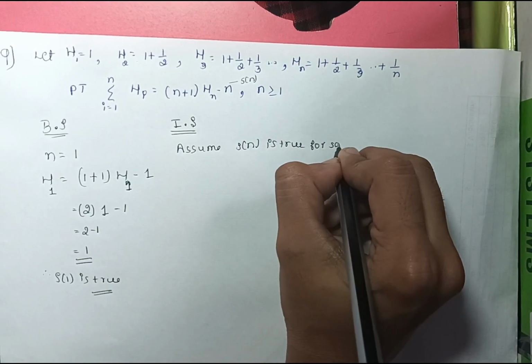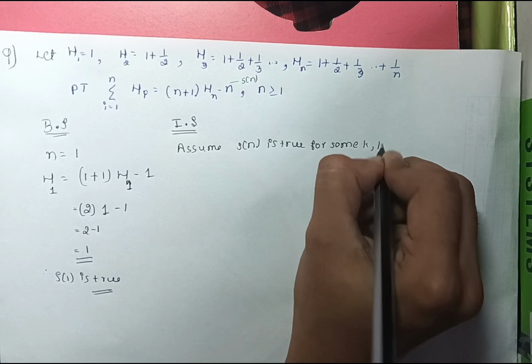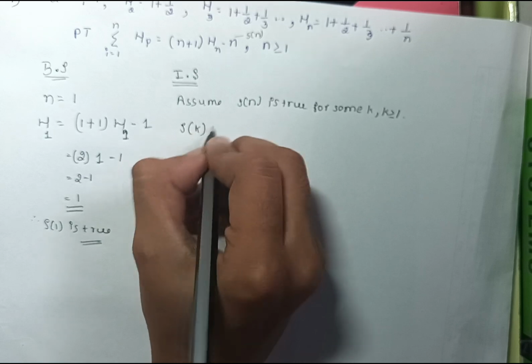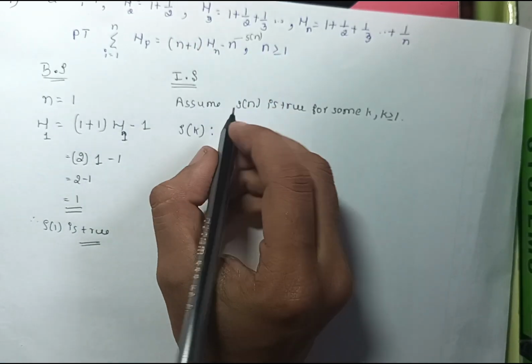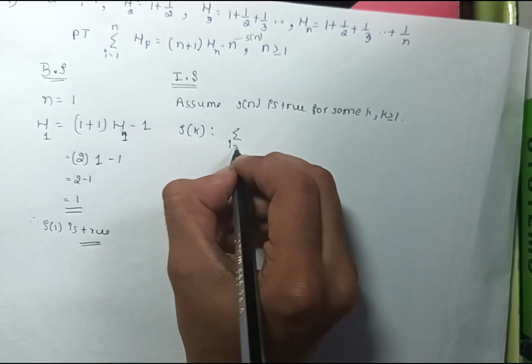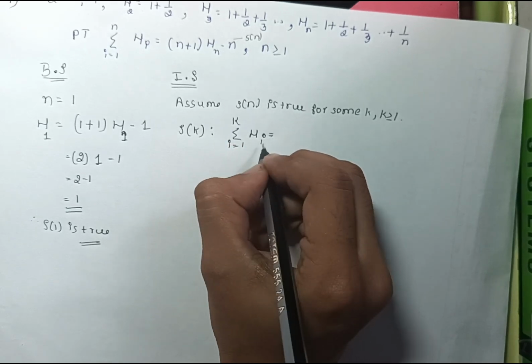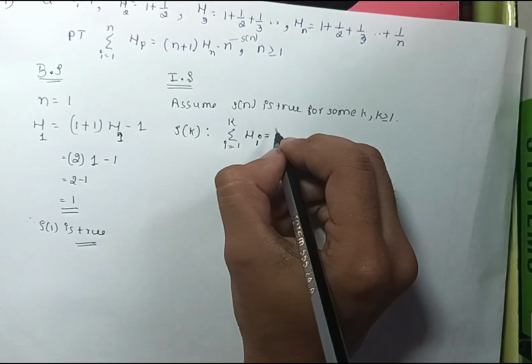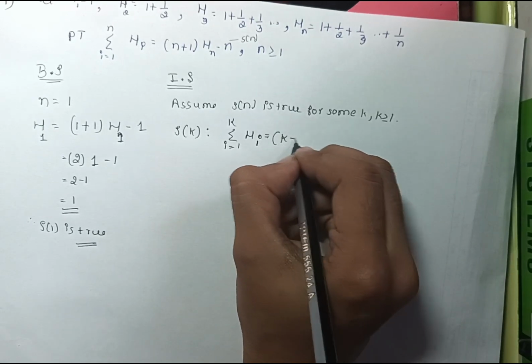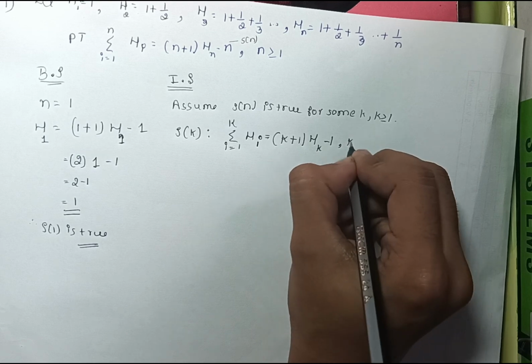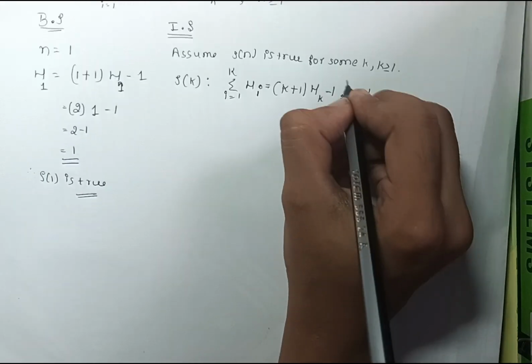It is true for some k greater than or equal to 1. First write what is s of k. It is summation i equal to 1 to k hi. Don't replace i by k. Wherever n is present, replace by k. Summation hi equals (k plus 1) hk minus k is true for k greater than or equal to 1.